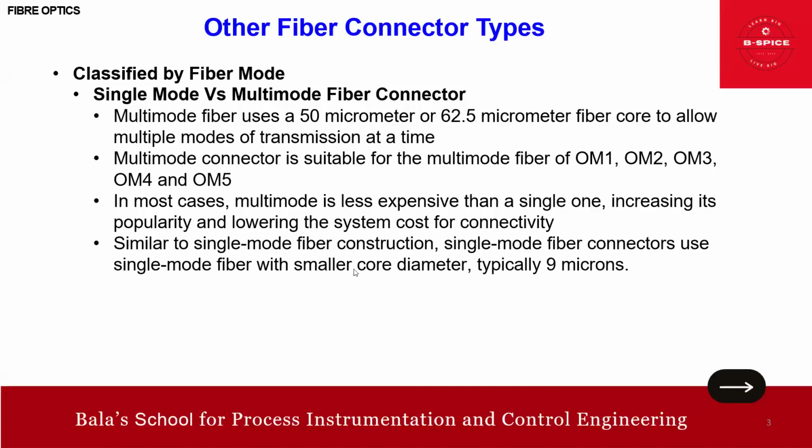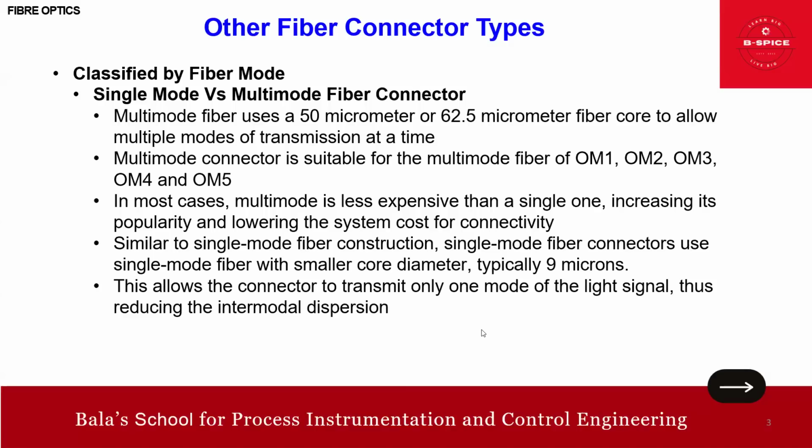Similar to the multi-mode fiber construction, a single mode fiber connector uses a single mode fiber with a smaller core diameter, typically 9 micron. This we also talked about in the earlier video. If you are a first-time viewer, you can watch that. I have given everything in this one playlist, fiber optics.